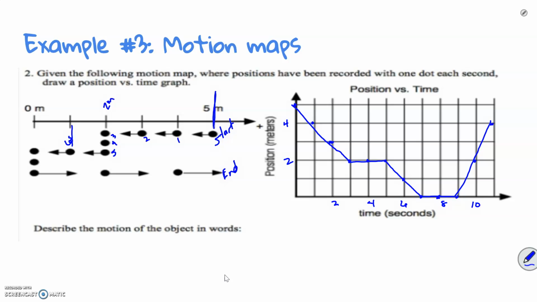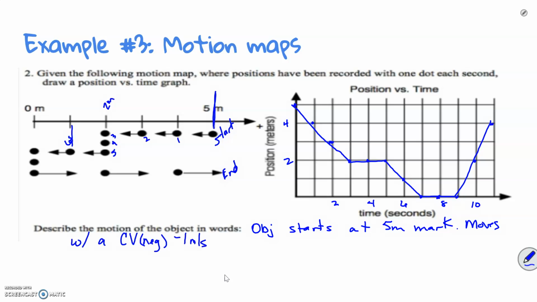So we should be able to transpose between the two different things. So if we wanted to do a description on here, we would say the object starts at the 5 meter mark. It moves with a constant velocity. I'm going to abbreviate that. And this is a negative velocity. It is a negative 1 meter per second for 3 seconds.